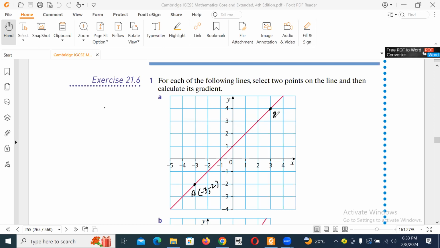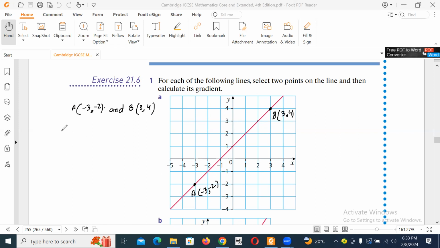Let's suppose this one is B, and it is 3 units right and 4 units up. So I chose 2 points: A is -3 comma -2, and the second point B is 3 comma 4. And remember that the line goes from left to right up, so the gradient must be positive.